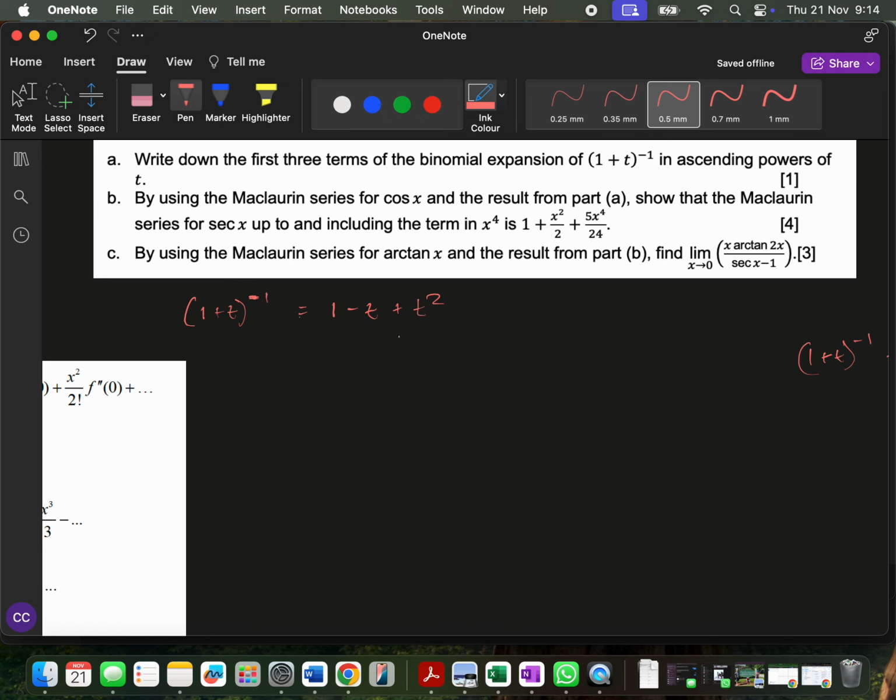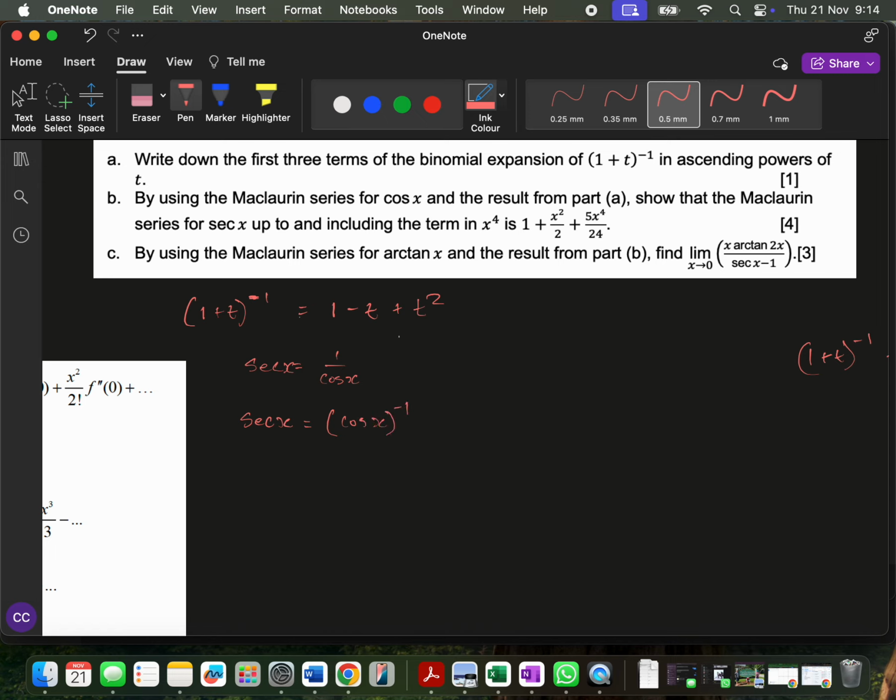If I want to get cosine involved in this, because secant is in fact 1 over the cosine of x, so I could write secant x as the cosine of x to the negative 1 power.